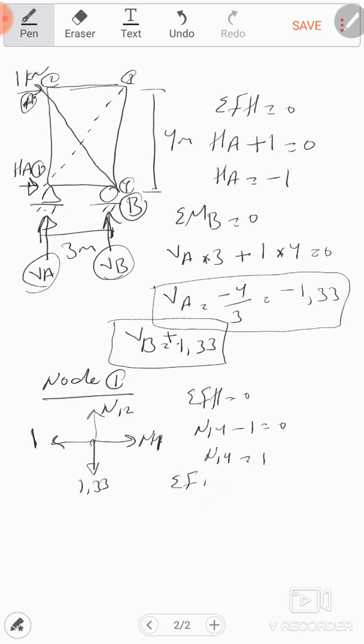Summation of vertical forces equals 0: N12 minus 1.33 equals 0, so N12 equals 1.33. Okay, so I found the values of N12 and N14, the internal forces for joint or node number 1. So next, node number 2.